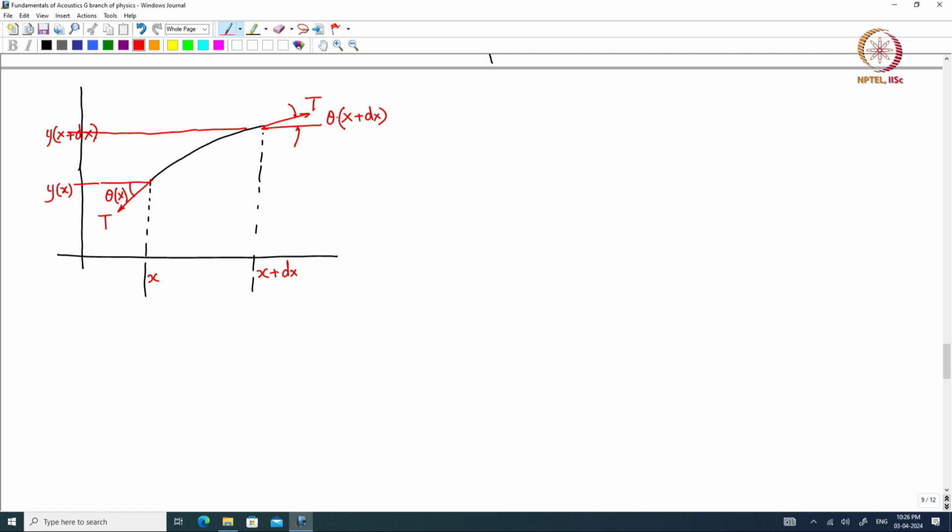Now, the idea is to find the net vertical force. First of all, the force at the left hand end, force at x. What I want is the vertical force.